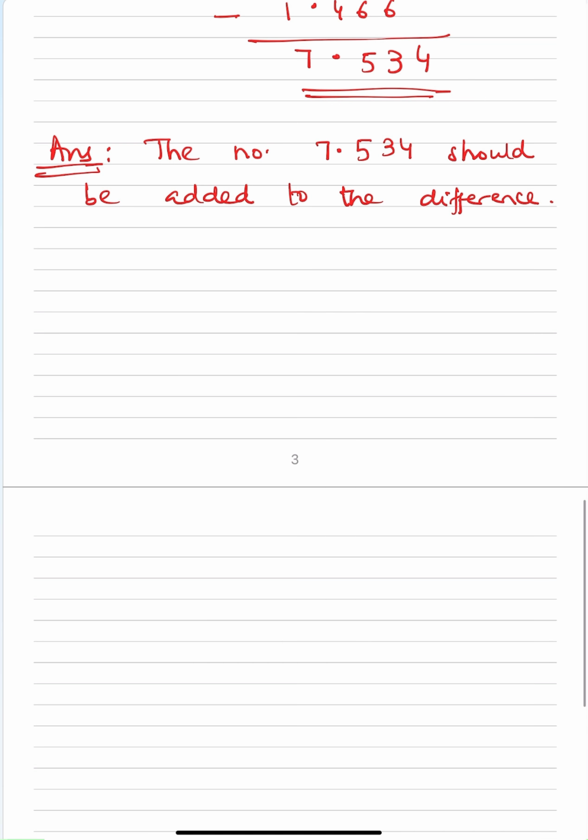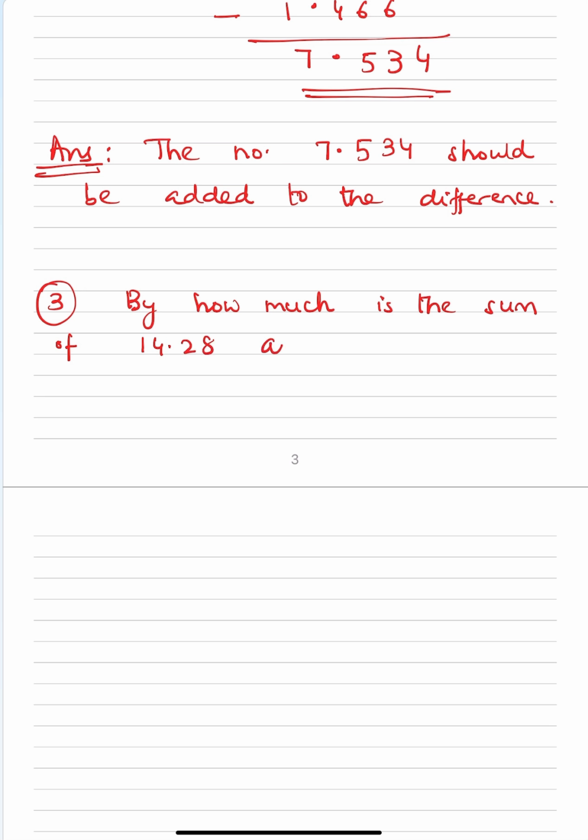Okay, so let us do the third sum. By how much is the sum of 14.28 and 11.219 greater than their difference?